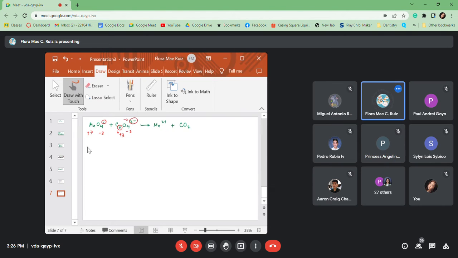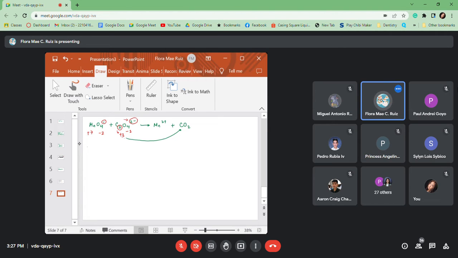Next, first step of balancing the redox reaction: separate the oxidation from the reduction reaction. So which element or which reactant is being oxidized? That is C2. Since plus 3, nahimo siyang plus 4.